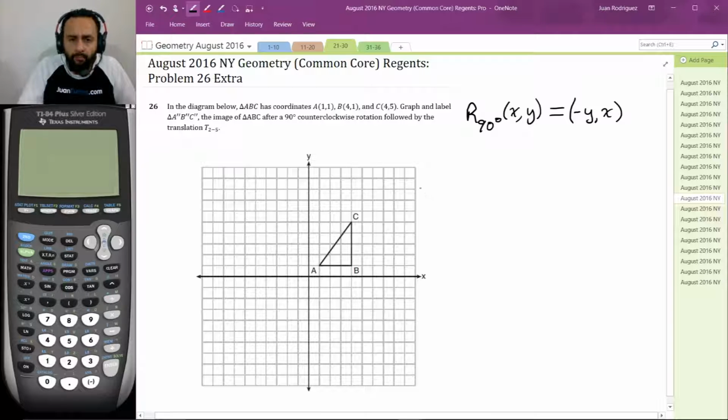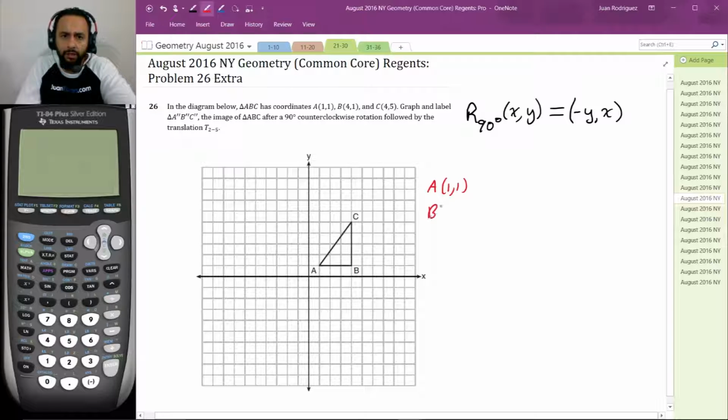So let's start with red. A(1,1), B(4,1), and C(4,5). Then I'm going to go to blue, with the rotation of 90 degrees, same rotation.